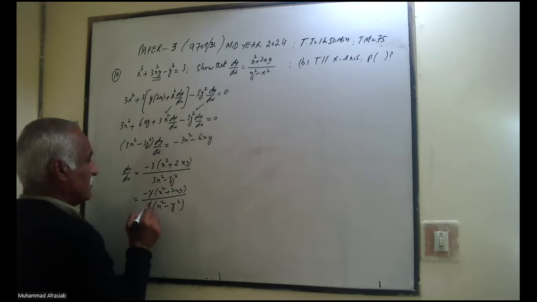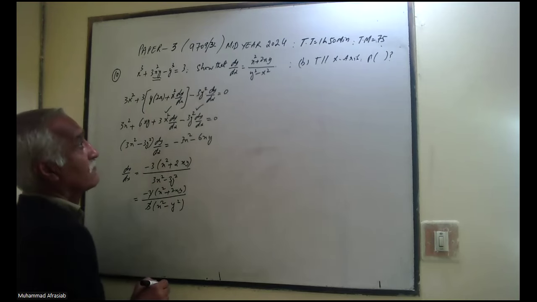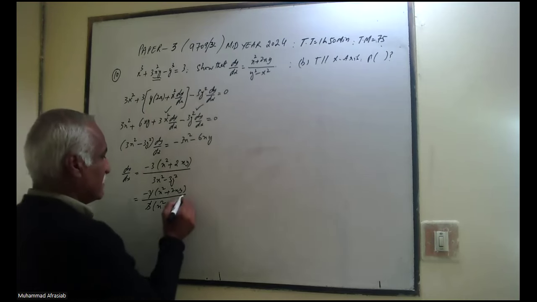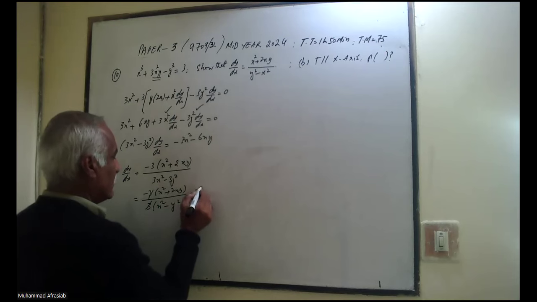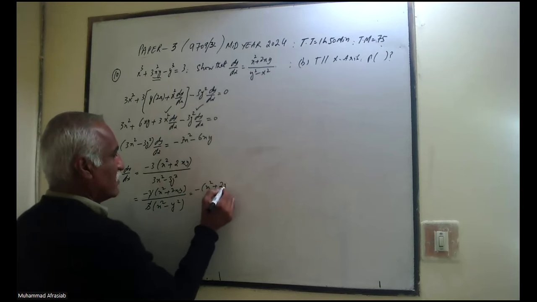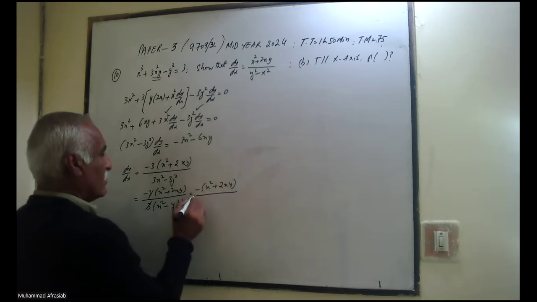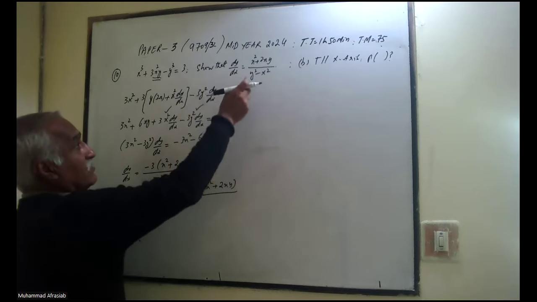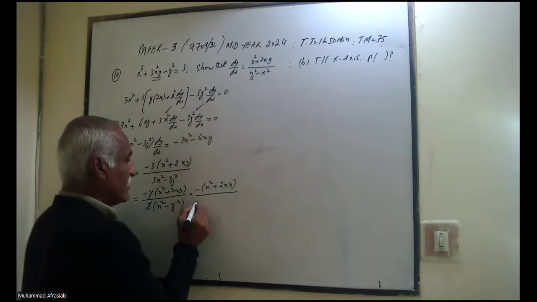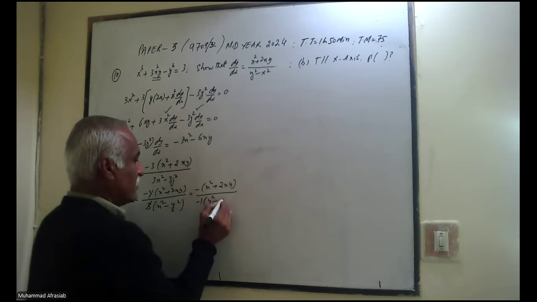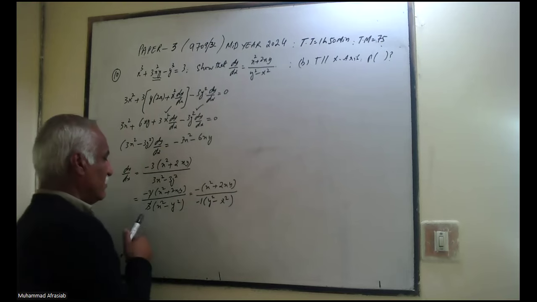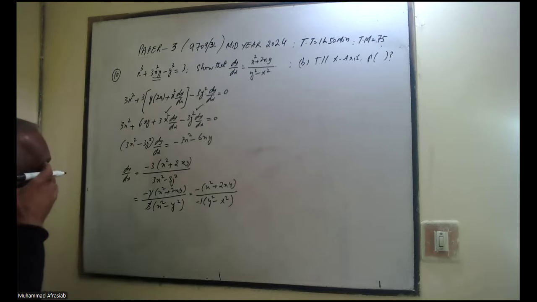Here 3 and 3 cancel. So this will be equal to minus x square plus 2xy over, because they are asking it should be y square first, so we can take minus 1 common and it will become y square minus x square. Because in the denominator it is x square minus y square.